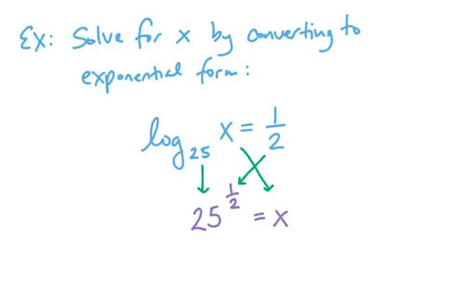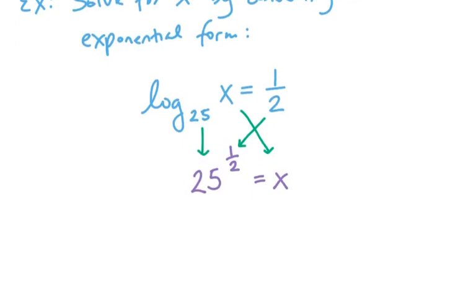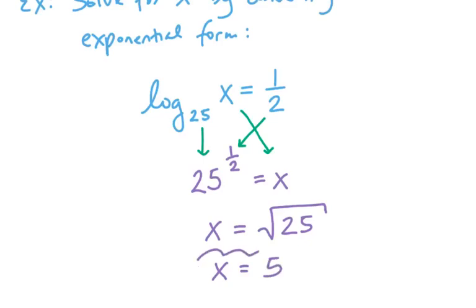So x is 25 to the power of 1/2. So probably all I would do to finish this one off is remember that the power of 1/2 is the same as square rooting. That's an important connection there. So when I rewrite 25 to the 1/2 as the square root of 25, it will probably feel a little bit more intuitive. The square root of 25 is just 5. So that would be the solution to that logarithmic equation.